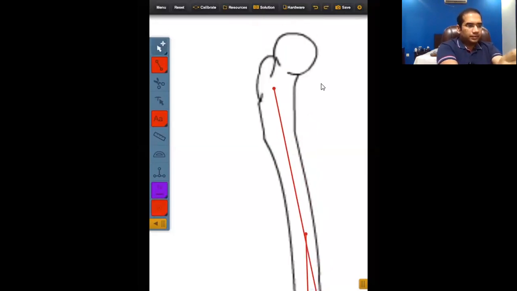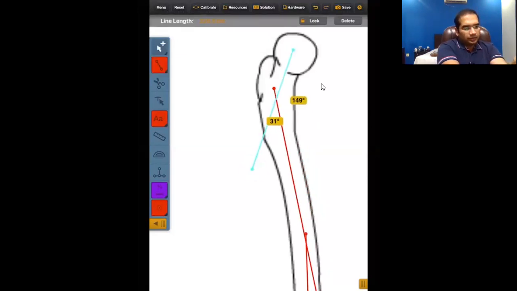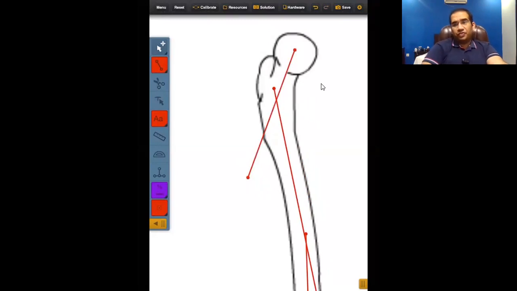Then we also draw a neck shaft angle. We draw a line here, and it is usually 160 degrees in the lateral view, plus or minus 20 degrees. This is the average range.